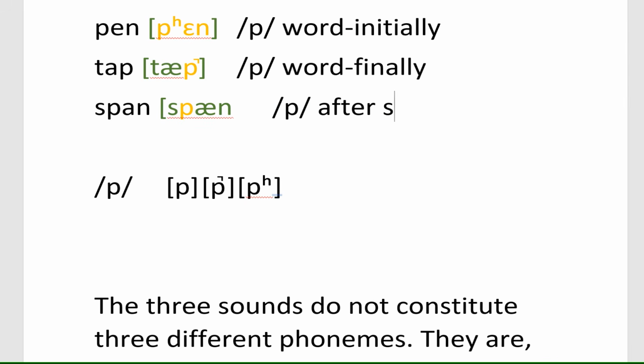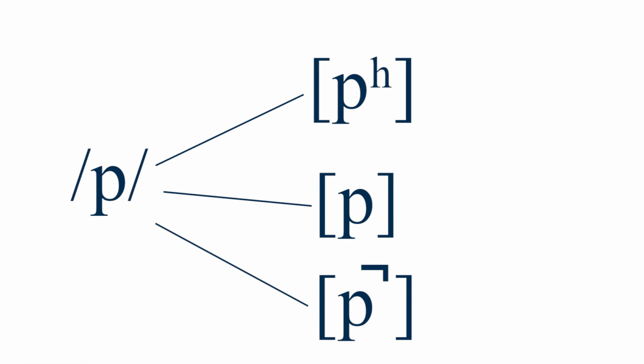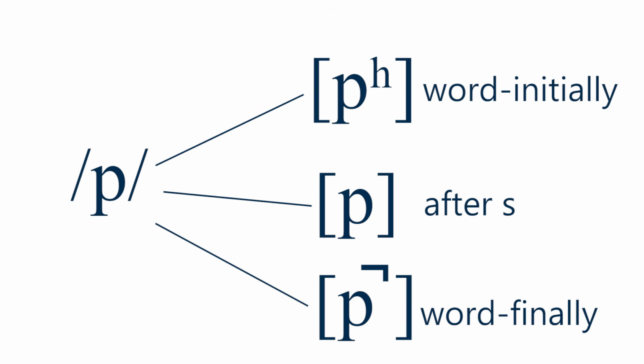So now we can write a rule. This is basically the general rule of pa. Whether this is pa with no aspiration, pa with aspiration, or unreleased pa is predictable based on these rules. We have three different rules. The allophone becomes this word initially, becomes this after s, becomes this word finally.